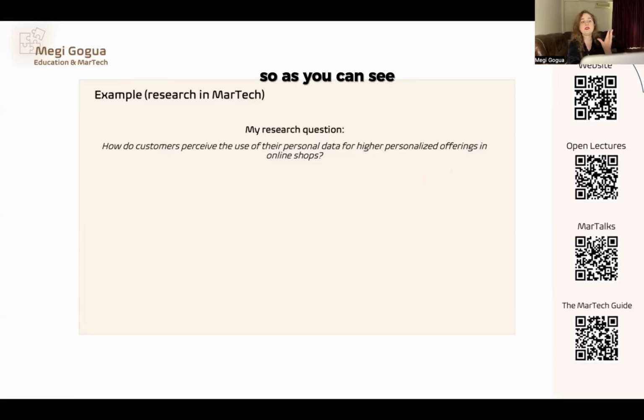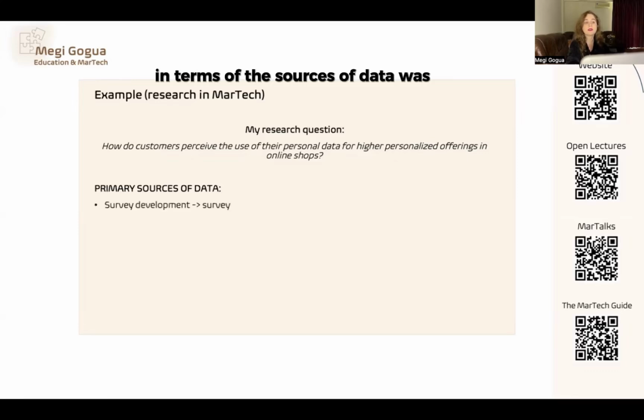So as you can see, this fairly simple question can contain the variables which you need to use in order to define and develop your research. So what I used for this to answer this research question in terms of the sources of data was, first, that together with the colleagues, we created the survey.